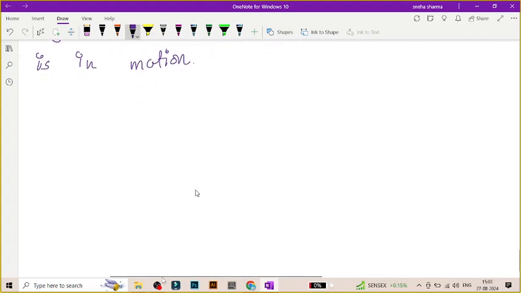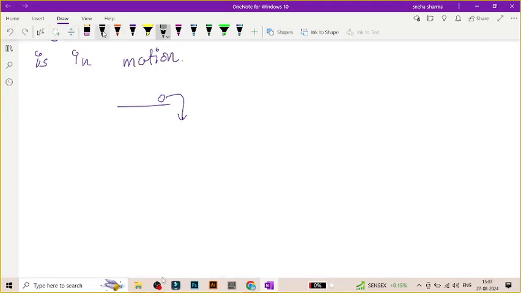For example, we can say that there is a building from which we threw a ball. At time t equals 0, the ball is at the building.